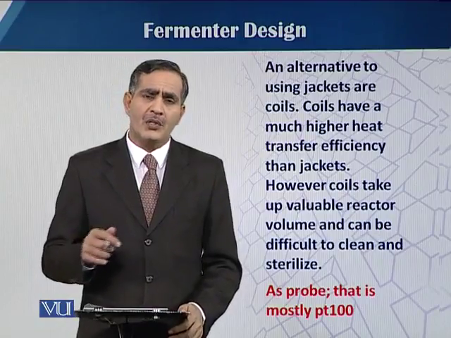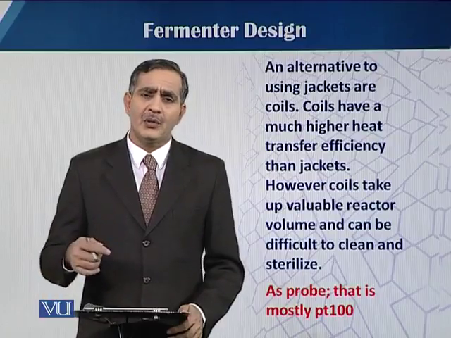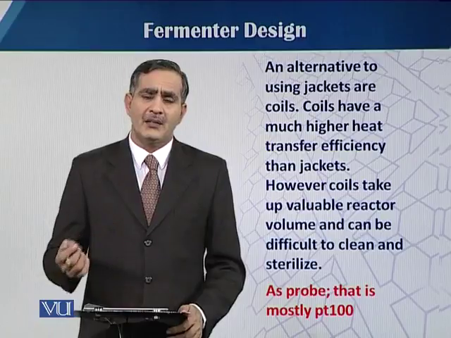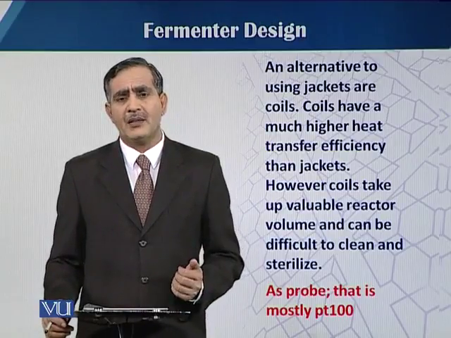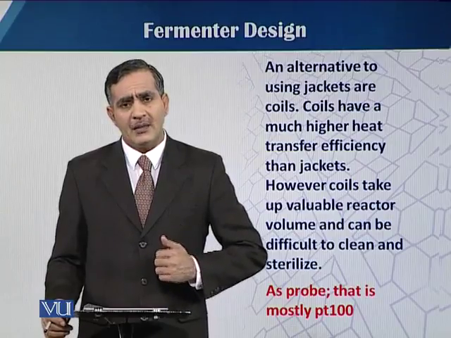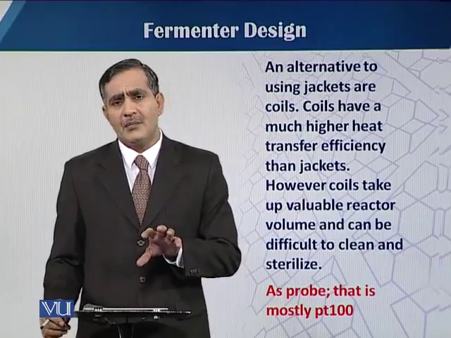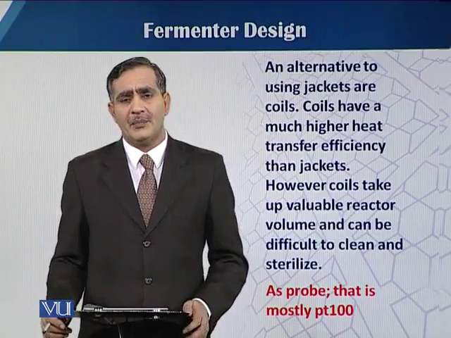When you use the coil, there is a maximum area we can use for heat transfer, from the liquid to the fermentation medium. This is basically one part of how we can control the temperature.